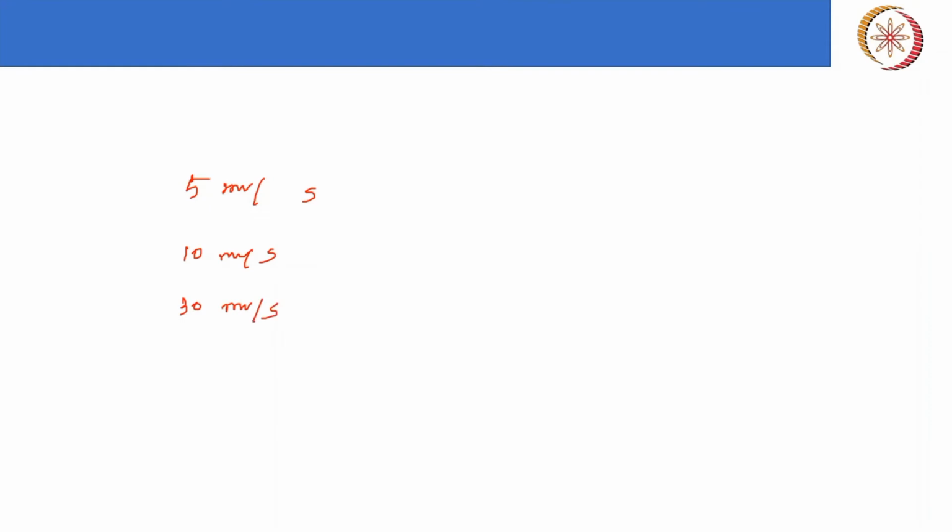So in different scan rates you are applying the potential to your system. What is the importance of this scanning rate? If you do different scan rates, then you get different graphs like this.